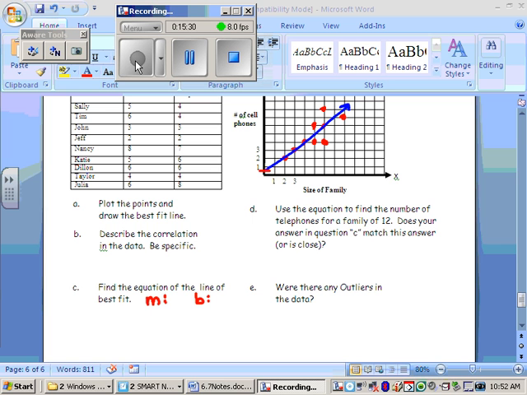So look down at the bottom of the line right here. Approximately where is that line touching the y-axis? Now you can estimate. So if you came out to 0, that would be fine. If you came out to a half, that would be fine. Okay, we're going to go ahead and estimate it and just put it at 0, which would be 0, 0 if we want to be specific on the y-intercept.